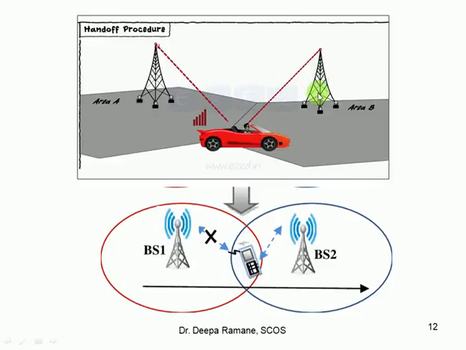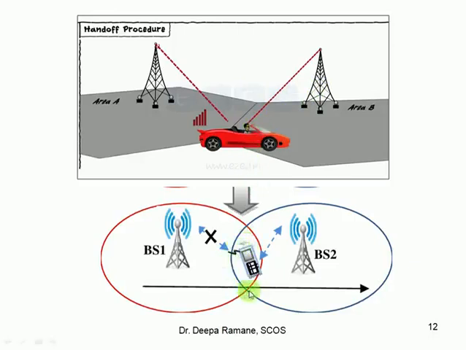So truly speaking, the steps are: this tower should come to know that this man has moved out of my zone, and this other tower should identify that this mobile is now in my zone, and I have to provide all the services to this fellow.